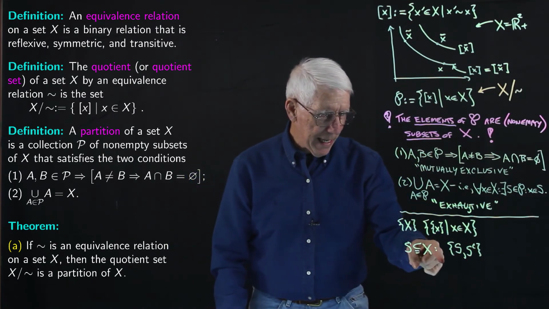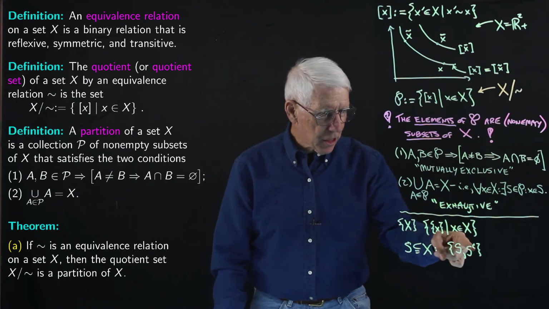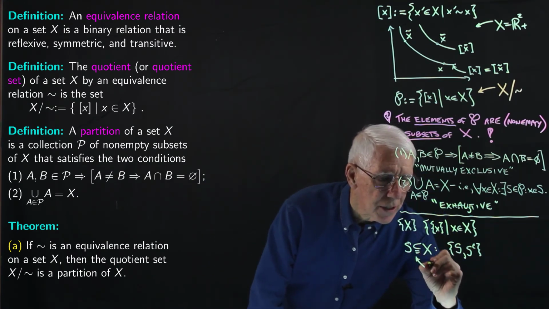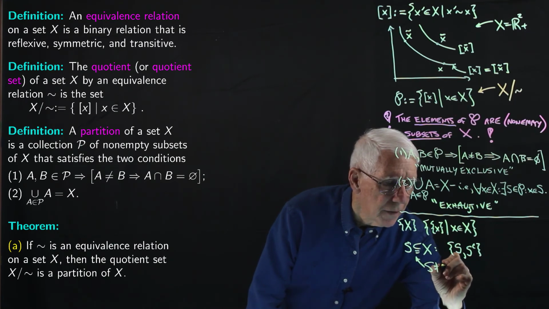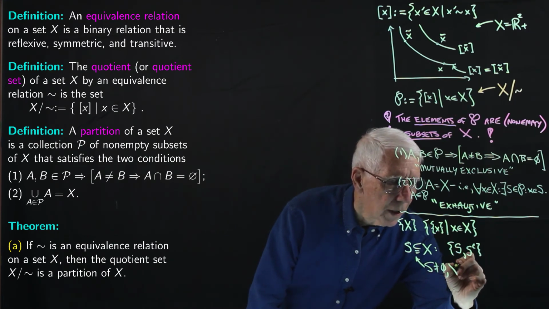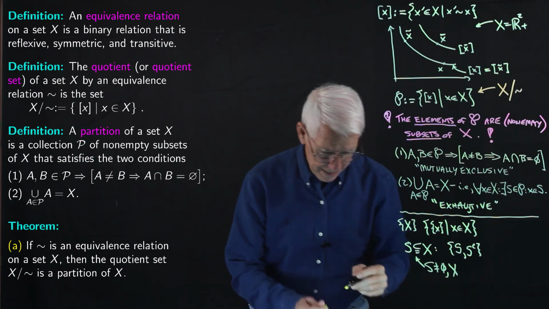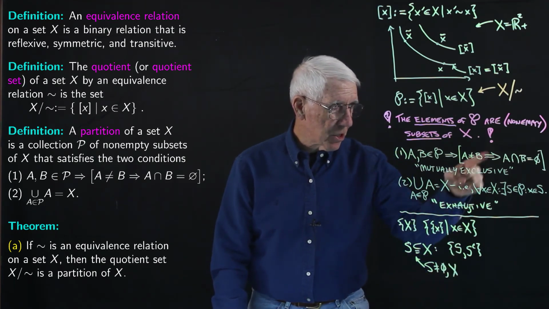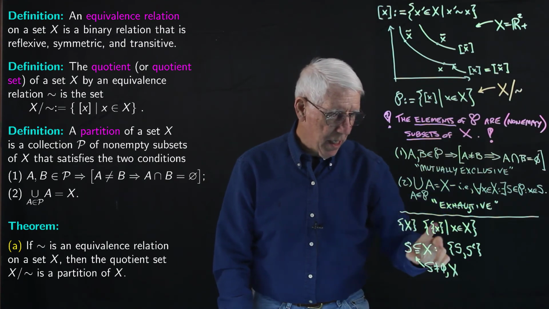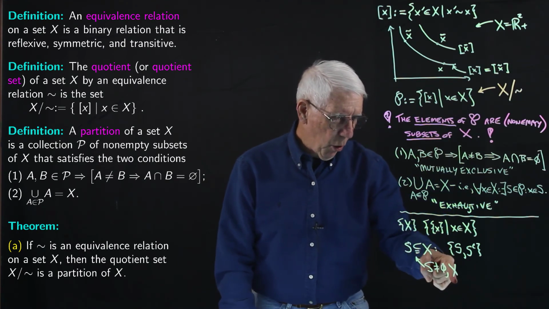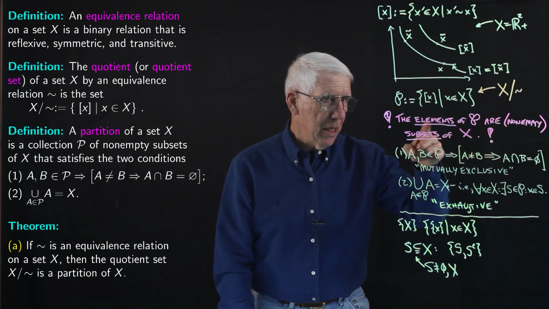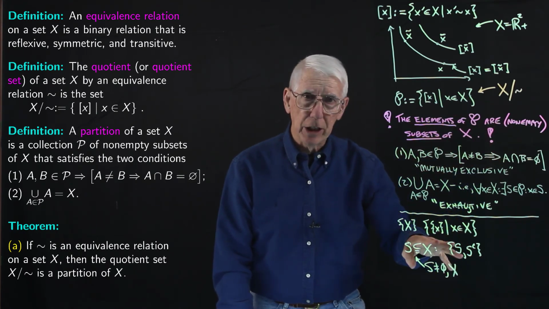The set S, a subset of X, and its complement, and I have to specify here that S is neither the empty set nor the whole set. Because if S were the empty set, we wouldn't have non-empty subsets. And if S were the whole set, then its complement would be the empty set. And so again, I wouldn't have both of them being non-empty.